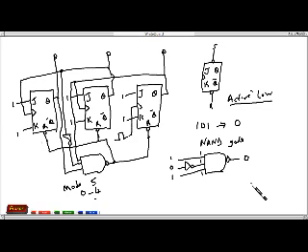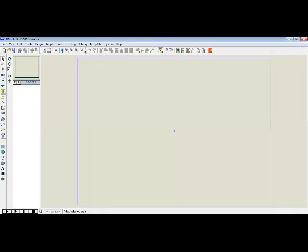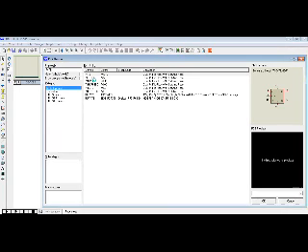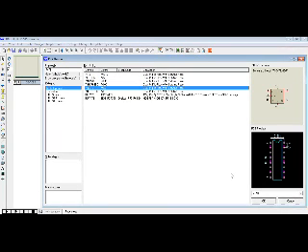We can simulate these in Proteus. So we will require the 3 flip-flops. So I need the 74, 76, which is the JK flip-flop.